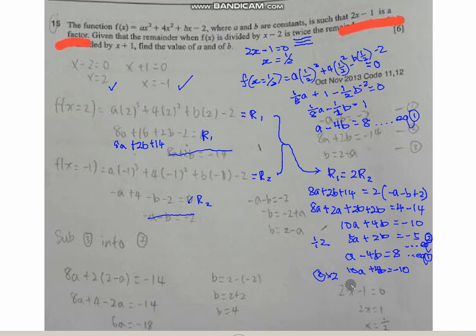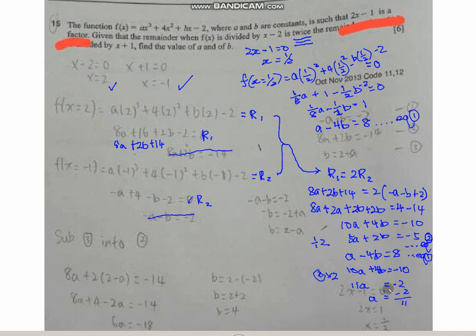Add both together, 11a equal to, added together you get minus 2. So a equal to minus 2 over 11.